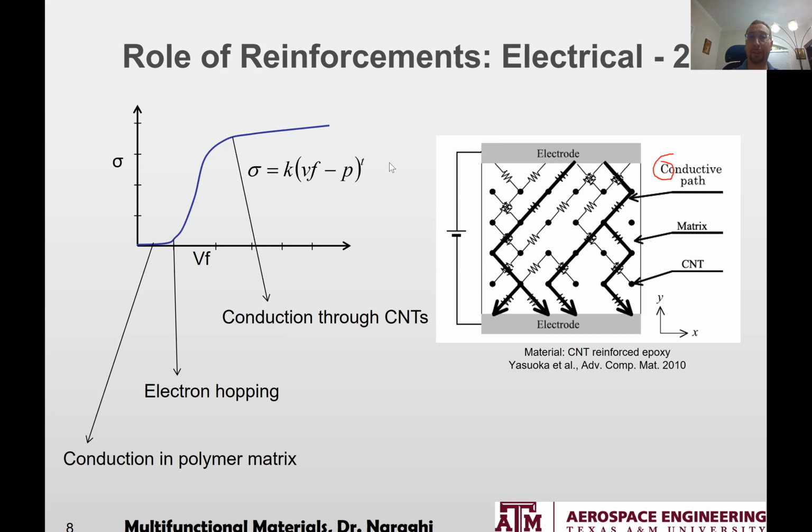Typically this is explained by an equation like this, where K is a constant, this is conductivity, and volume fraction minus the percolation threshold. The percolation threshold is basically this volume fraction. This is typically a very narrow band. For instance, from here to here could be about 0.2%, and this could happen at around 1% or 2%. Now, what it depends on is something that we will investigate in a minute.